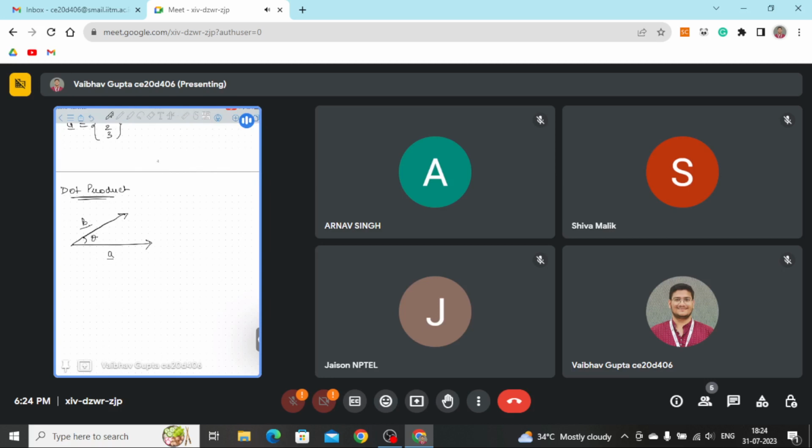So the projection of B on A will be equal to B cos theta. So how will we write it? A dot B will be equal to |A||B| cos theta. This is nothing but a dot product.